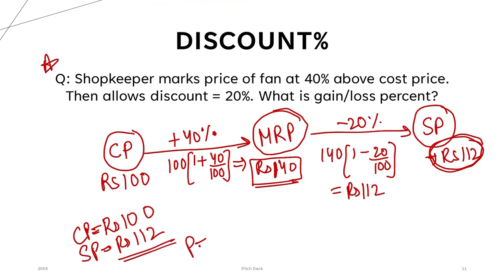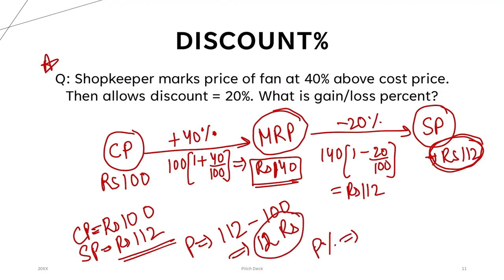Why? Because his selling price is more than the cost price. So that is 12 rupees profit he is making out of it. And if you calculate the profit percentage, that is 12 by cost price into 100, that you will get as 12%. So he is making a profit of 12% on this transaction. I hope this is clear.